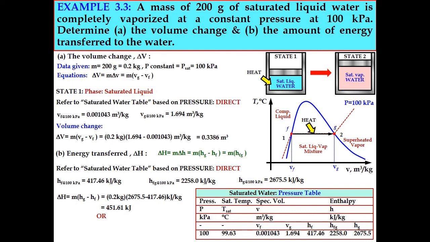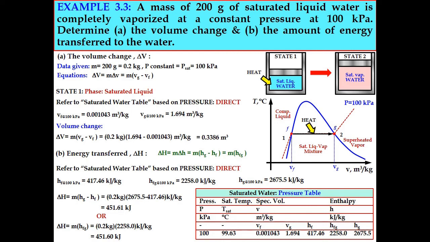However, if we use the second formula that involves Hfg, delta H equals 0.2 multiplied by 2258.0 kilojoule per kg, and we get a slightly different value, 451.60 kilojoule. The values are almost the same using both formulas.